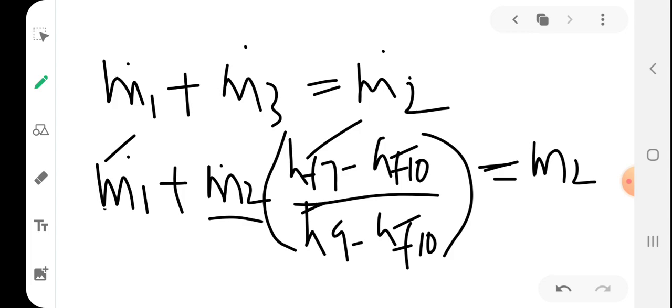that is how you would find the value of m2, or the mass flowing through the second high pressure circuit. Usually in numerical problems, the mass flow rate of refrigerant flowing through the low pressure circuit, m1, will be directly given.